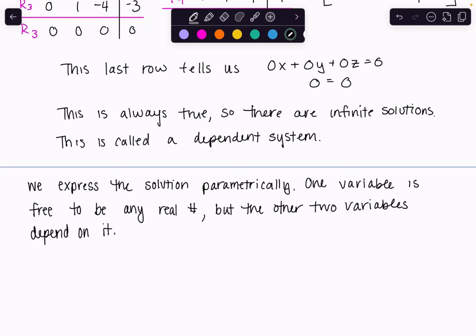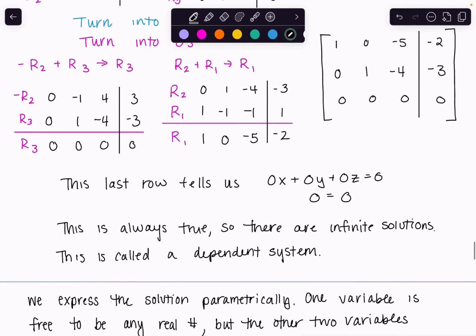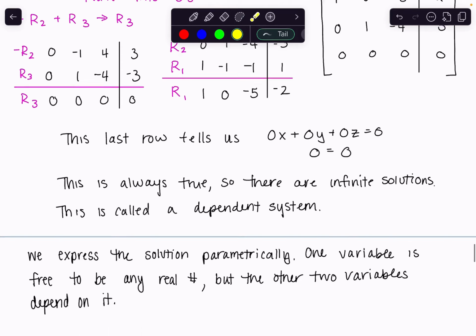Okay. So the variable we typically let be free is z, because the third equation would be how to solve for z. That's the one we let be free. Because now if I go back to these top two, this gives me y and z, and this one gives me x and z. So I'm going to be able to write x and y in terms of the variable z. Okay.